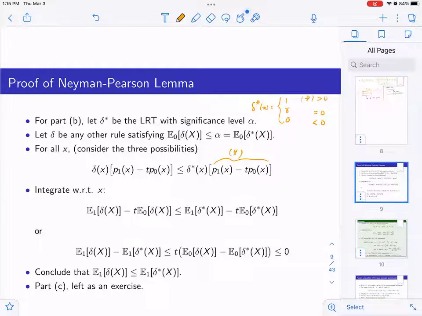Star is bigger than 0, star is equal to 0, star is less than 0. So you have to consider these three cases. If a star is strictly bigger than 0, I can just cancel it from both sides, right? So this says delta star. Actually, do we need to cancel it?